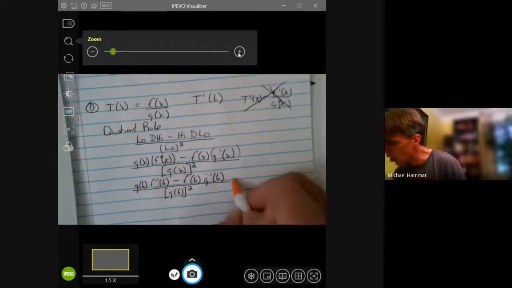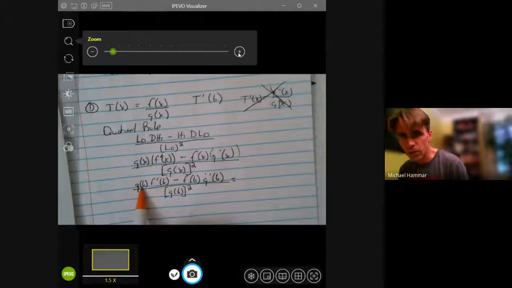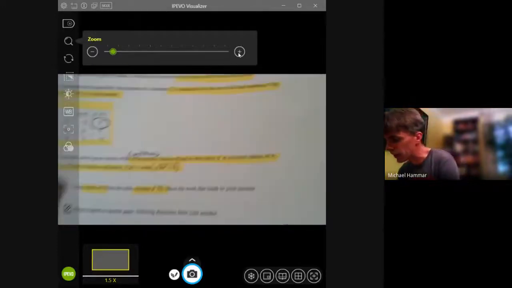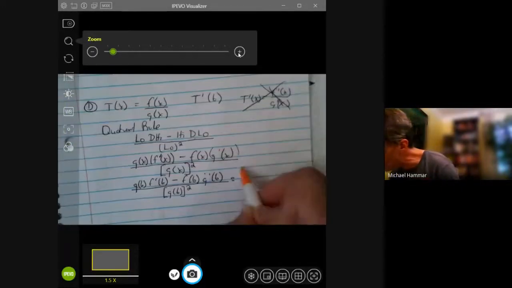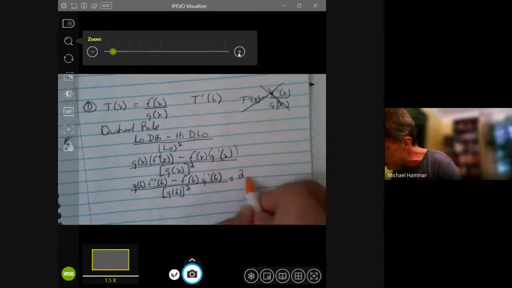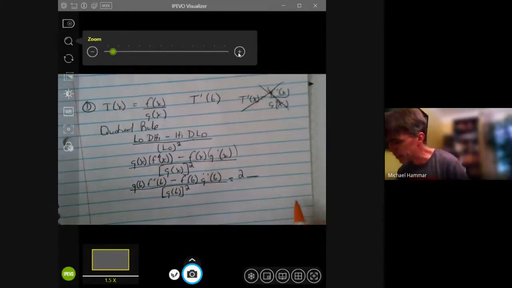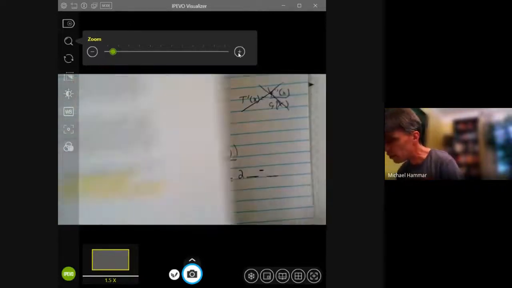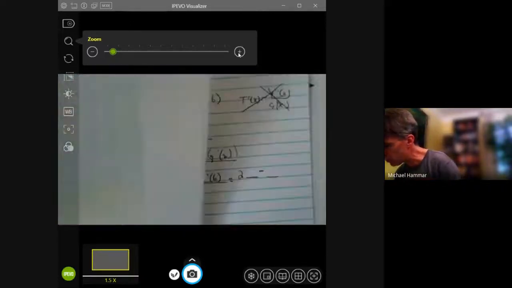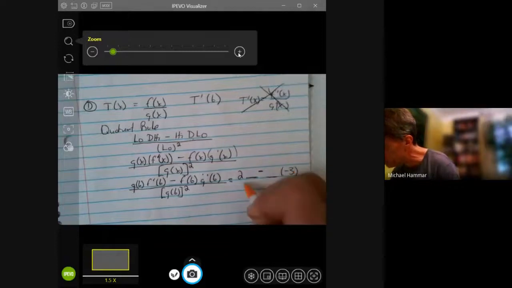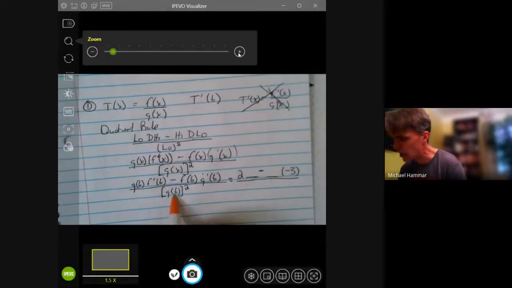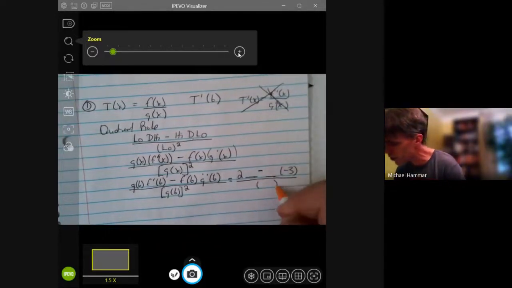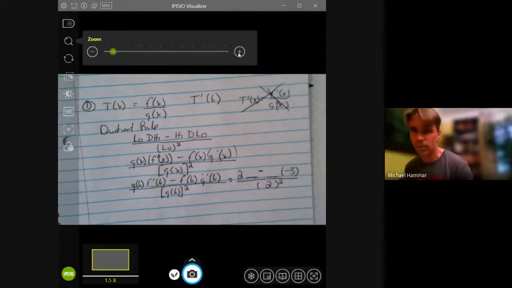So let's plug all of those numbers in. So first thing I have is g of 6. If I look at g of 6, it's 2. And then I still have to figure out what f prime of 6 is, minus f of 6, I don't know. But I do know g prime of 6. G prime of 6 is negative 3, all over g of 6, which is 2, squared.